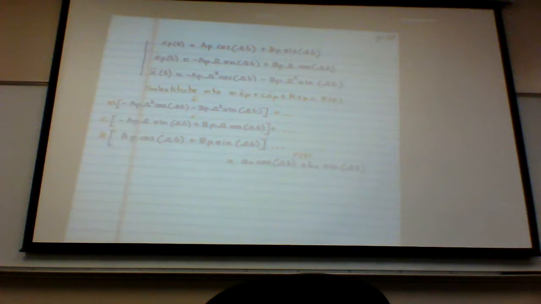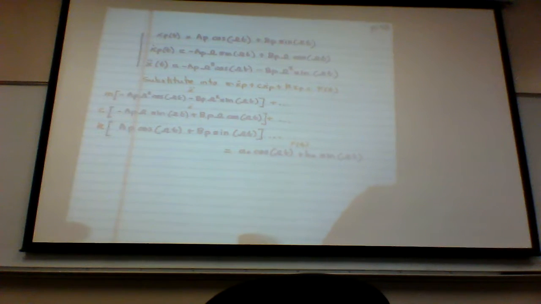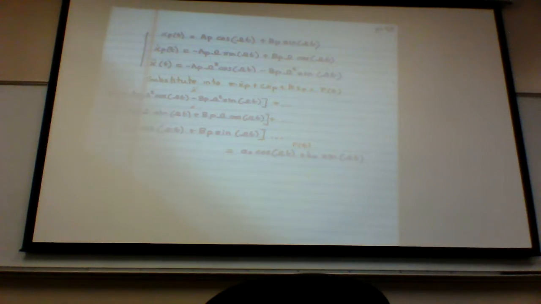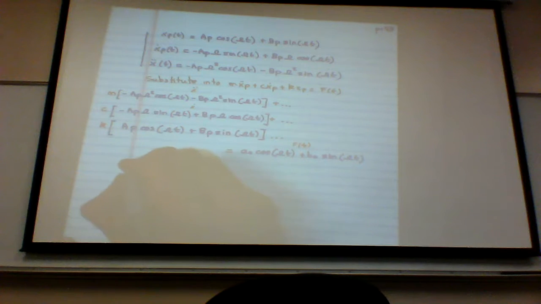Okay, so now what is the idea? On the right hand side we have cosine and sine, and here we have coefficients. What we try to do now is put all the coefficients of the cosines together to equate to this one, and all the coefficients of the sine together on this side. So let's see what we get, rearranging.